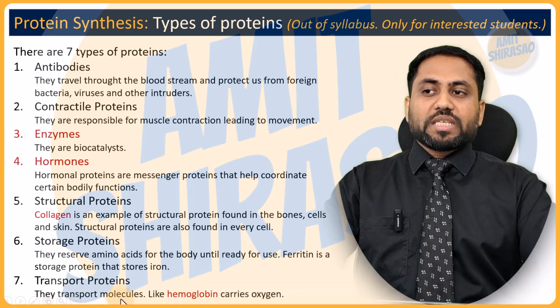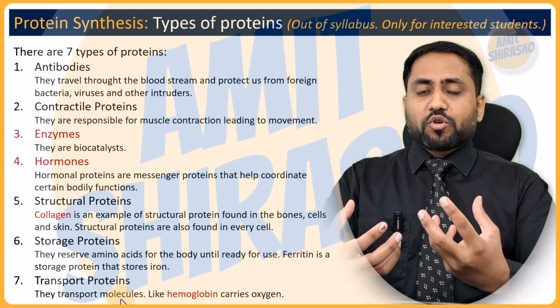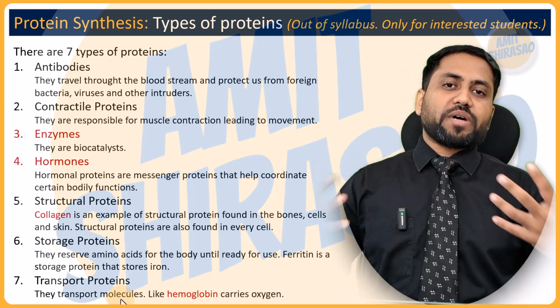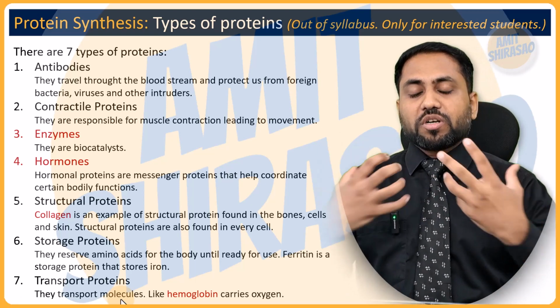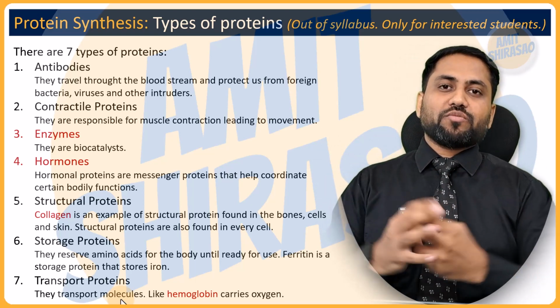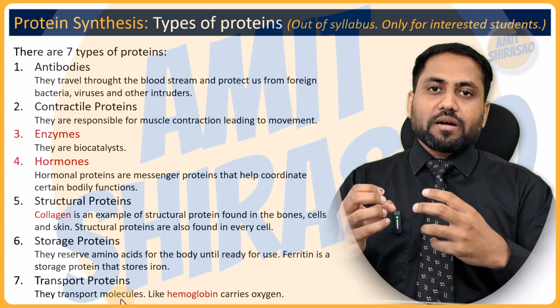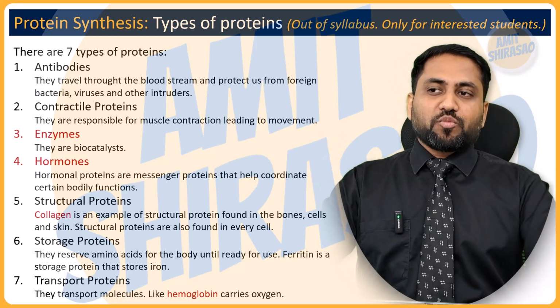They are the transport molecules, like hemoglobin in the blood. It transports oxygen from the lungs to all the parts of the body. So hemoglobin carries oxygen. What is hemoglobin? Hemoglobin is also a protein, and this kind of proteins which are used for transferring molecules from one place to another in the body are called transport proteins.